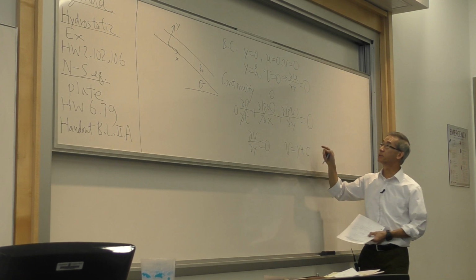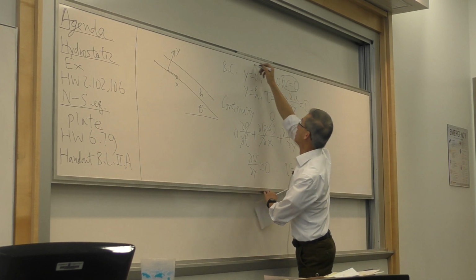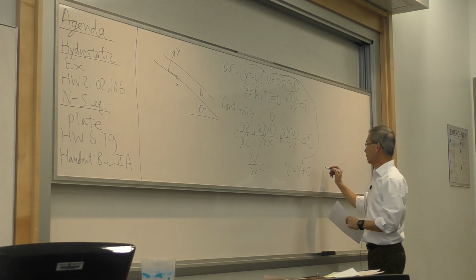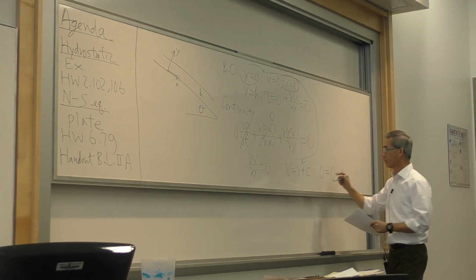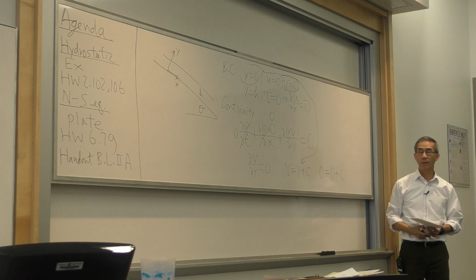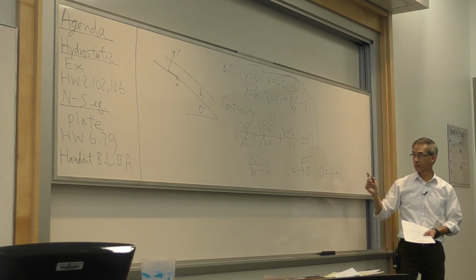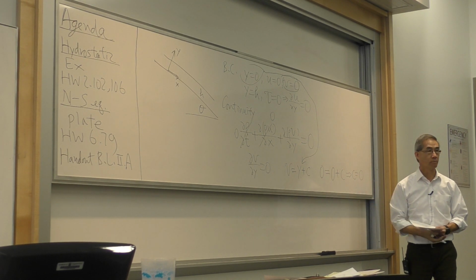You use the boundary condition right here, which tells you at y equal to 0, the v velocity is 0, so the constant then must be 0.